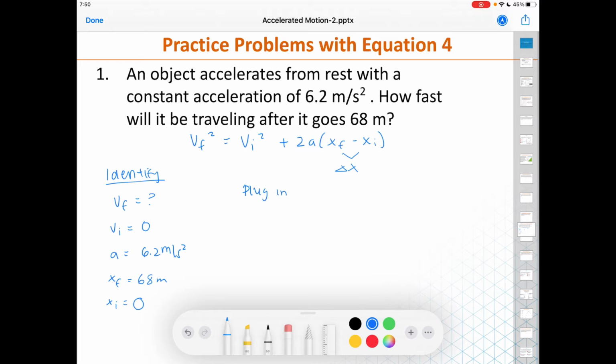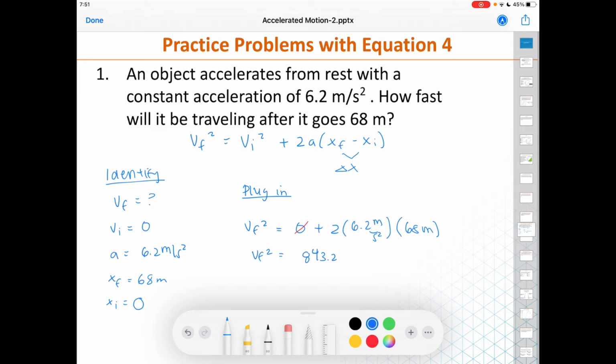Then we'll plug our information in, and we'll have final velocity squared is equal to 0 plus 2 times 6.2 meters per second squared times 68 meters. We'll cancel out the 0, then we'll be left with final velocity squared is equal to 843.2.